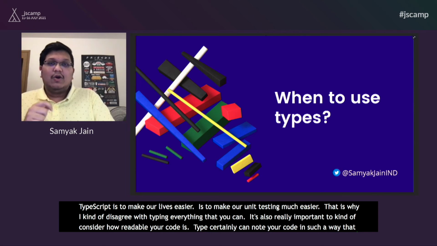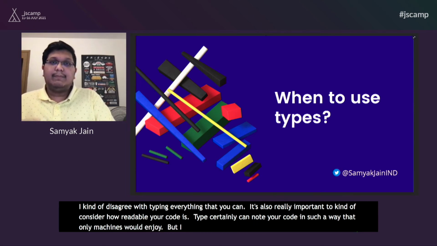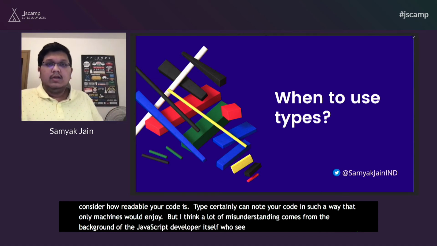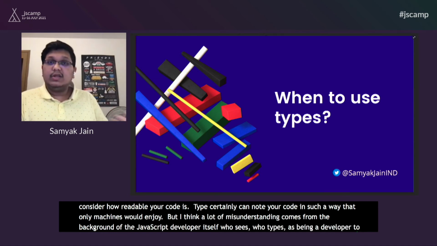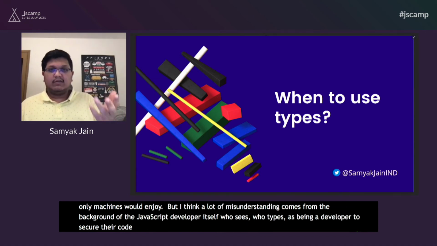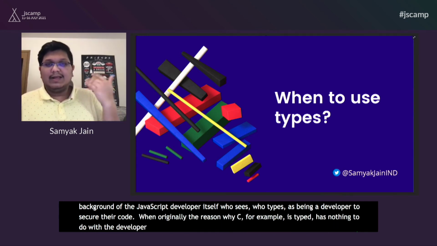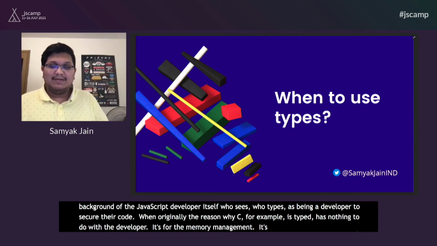But I think a lot of misunderstanding comes from the background of the JavaScript developer itself, who sees types as being a developer tool to secure the code, when originally the reason why C, for example, is typed has nothing to do with the developer. It's for the memory management. It's for the computer to understand, not the developer himself.